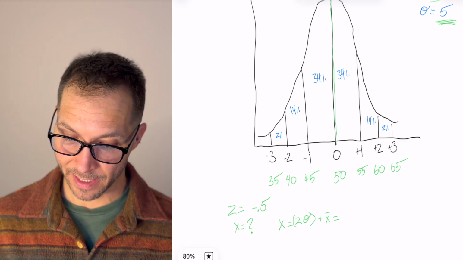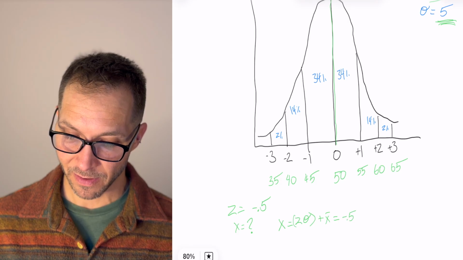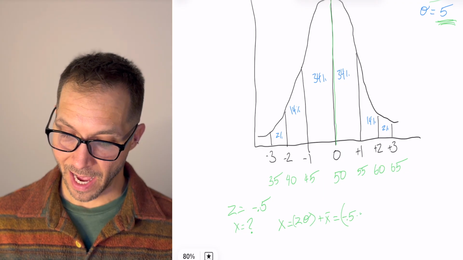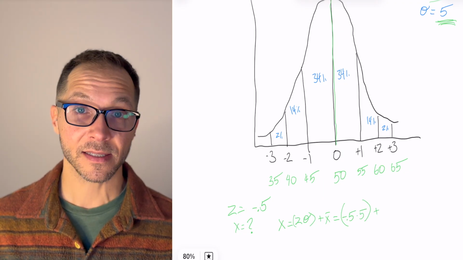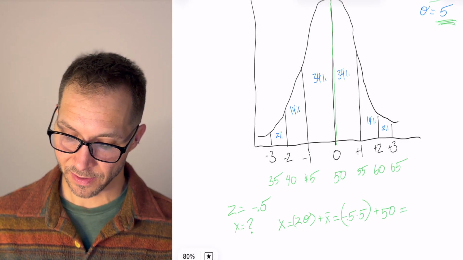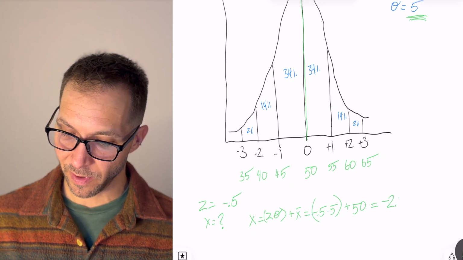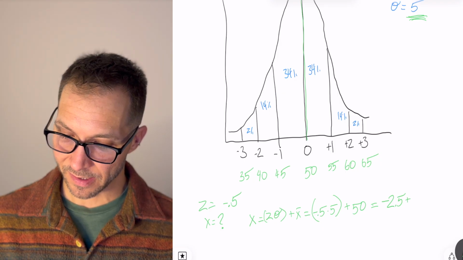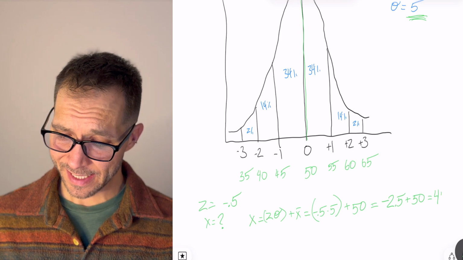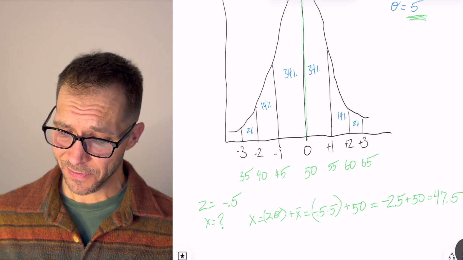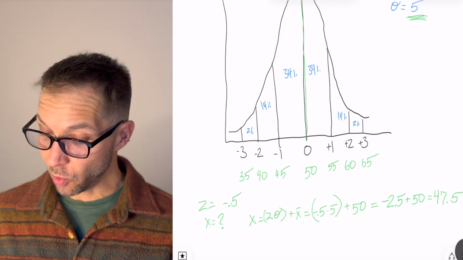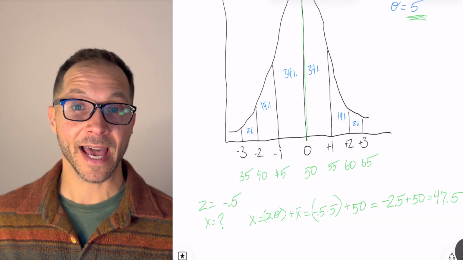Z is negative 0.5 times 5 plus 50, which equals negative 2.5 plus 50, which equals 47.5. Good. Cool. 47.5 is my x.